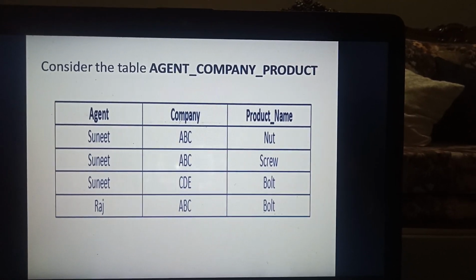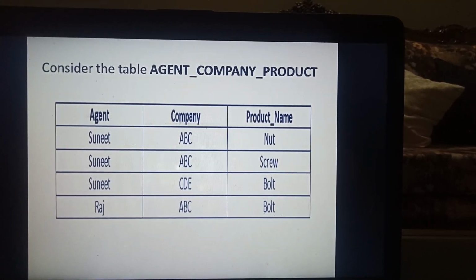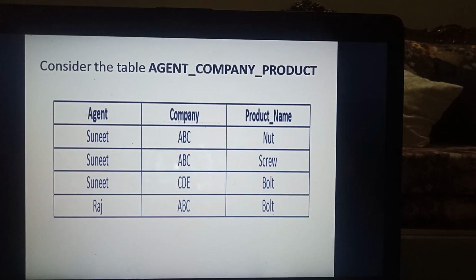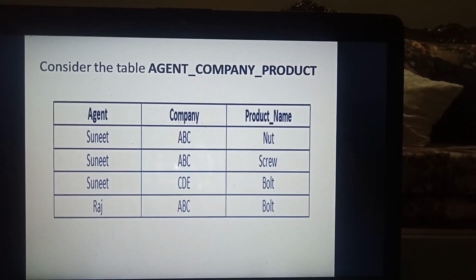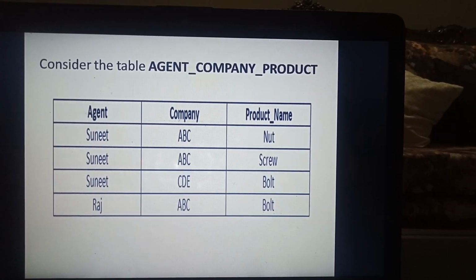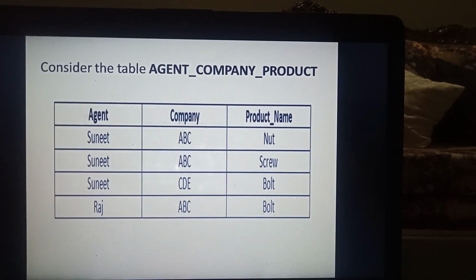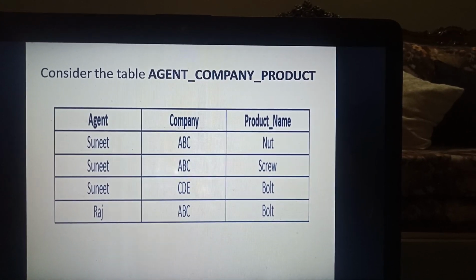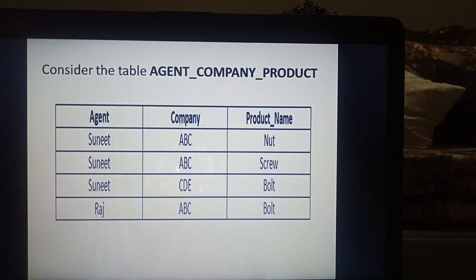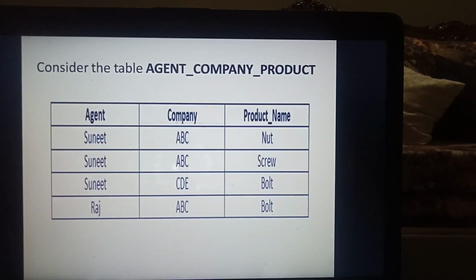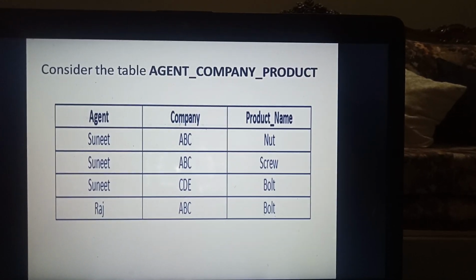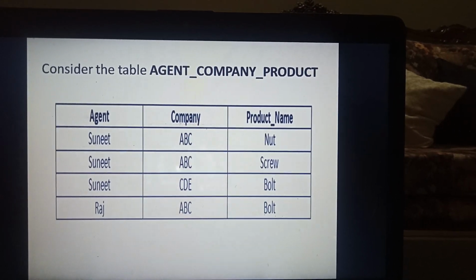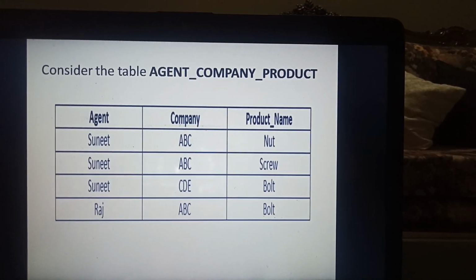Now, although there are multi-valued facts in the table, company and product name are dependent on each other. They are not independent attributes. So we can say that there is no multi-valued dependency in this table. So the table is in fourth normal form. So we can proceed further.